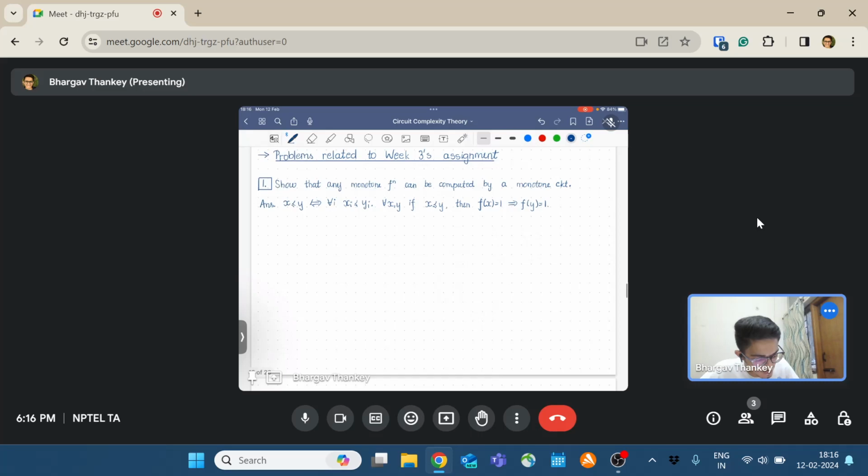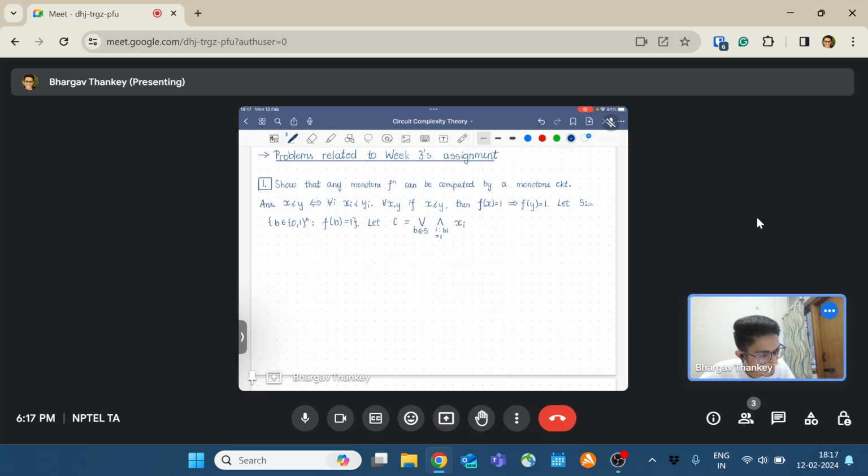So the way we'll do it is, let S be the set of all b in {0,1}^n such that f of b equals 1. Let C be the OR over all b in S of the AND over all i's such that b_i equals 1.